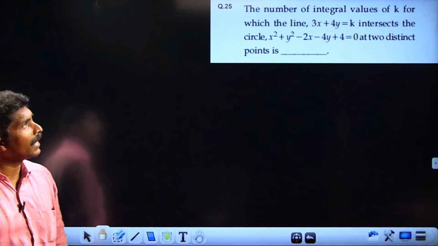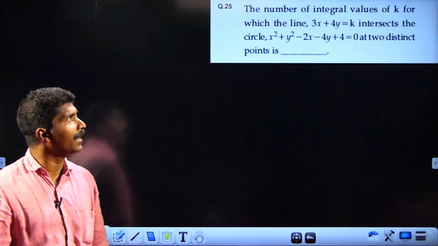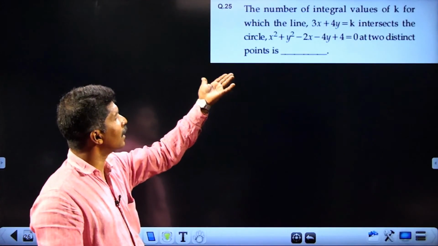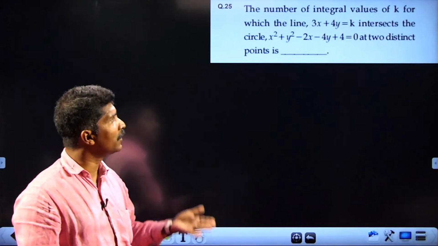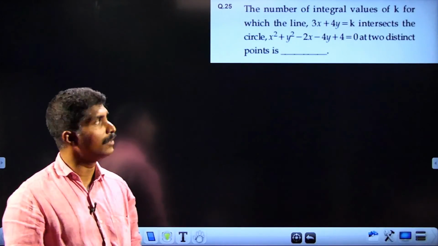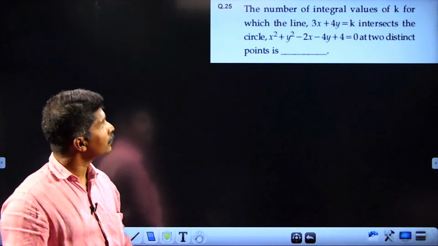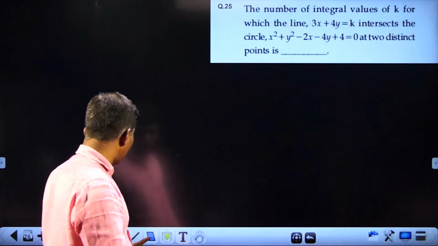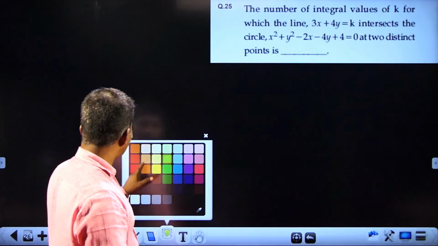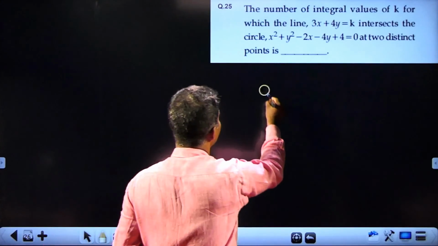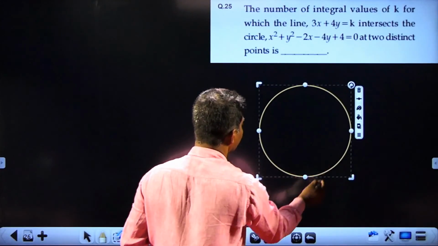The number of integral values of k for which the line 3x plus 4y is equal to k intersects the circle x square plus y square minus 2x minus 4y plus 4 is equal to 0 at 2 distinct points. Okay. So, here is a circle, and first you will write the center and the radius of the circle.